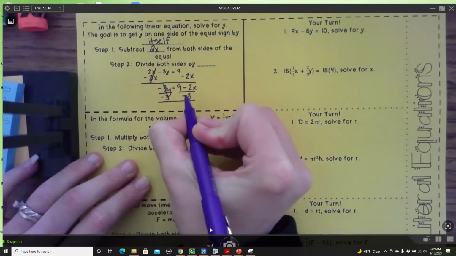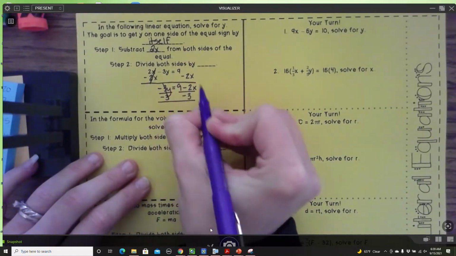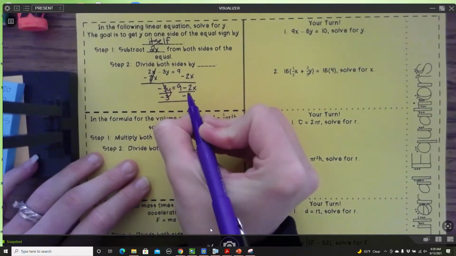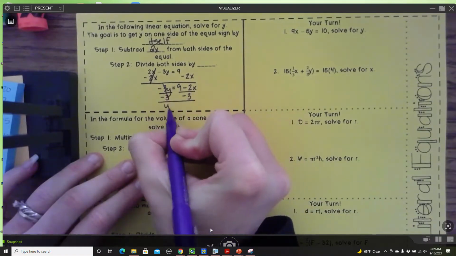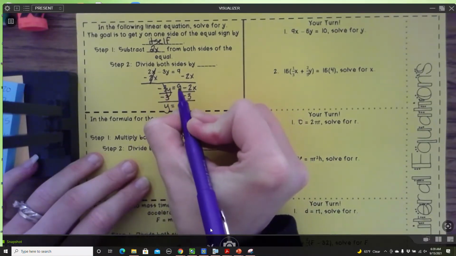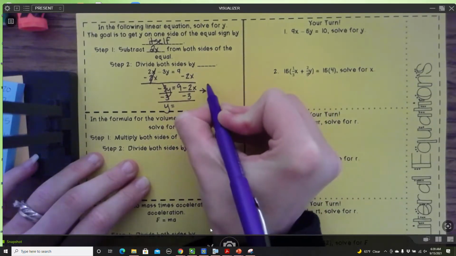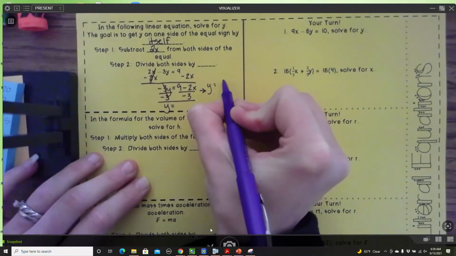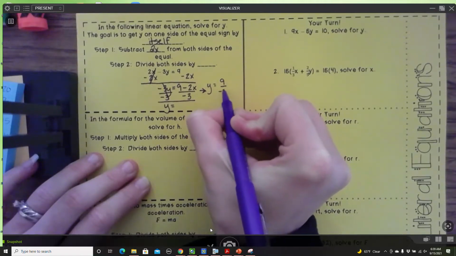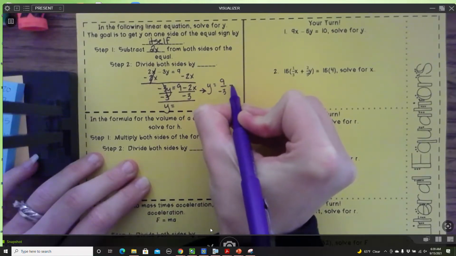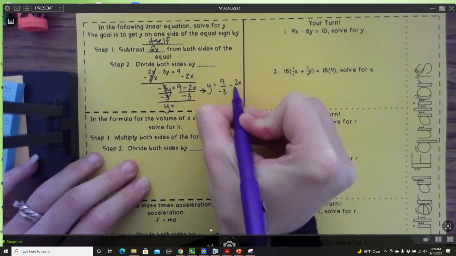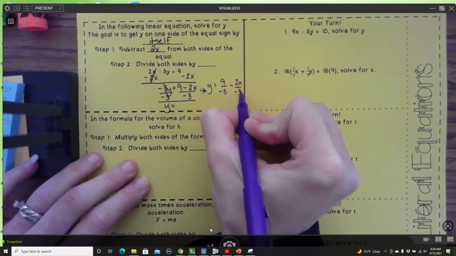So what I'm left with is a fraction, and we try not to leave things like this in fraction form. So I've got just the y over here. So I'm going to split this up. So really what this looks like is y equals, I can split the pieces of this side up like that.